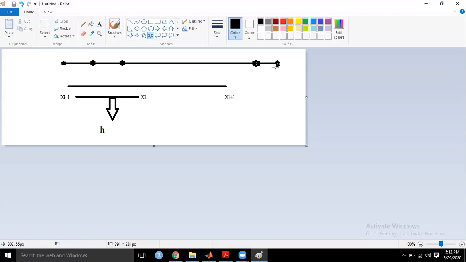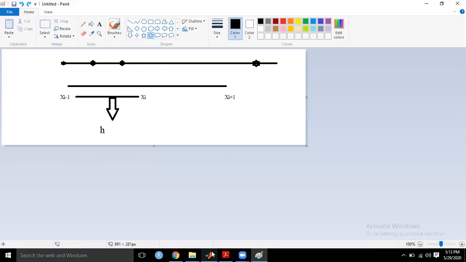Okay, but if I want to find f dash of x10, you can see I do not have any information at f of x11. That is why the rule is that for the forward differentiation, for the inputs, we will always stop one step before the terminating point. Okay, so this is the x input for the forward differentiation.